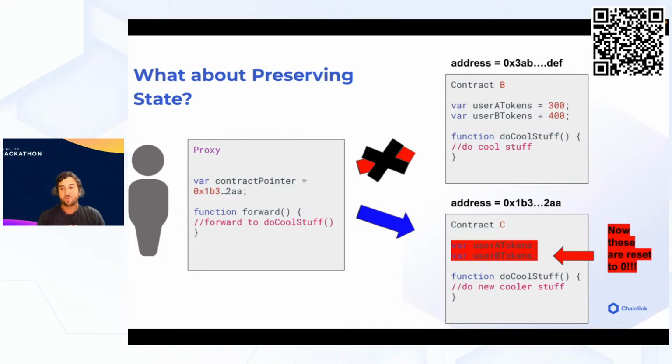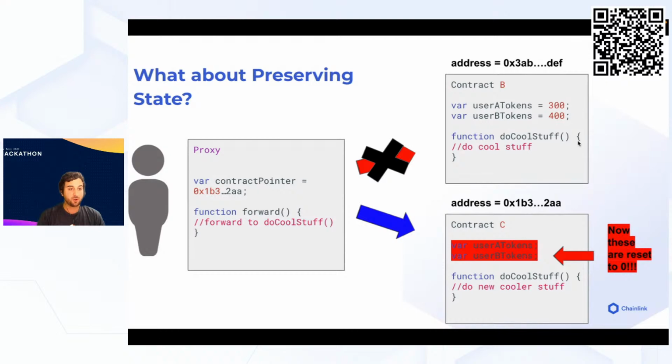So you may be asking, if we do that, how do we keep the same state across smart contract upgrades? Let's look at this example. So again, we've switched our pointer from contract B to contract C down here. We're saying function forward to do cool stuff in contract C. But since this is a brand new contract, contract C has a new instantiation of its state, and these variables, user A tokens and user B tokens, are reset to 0.